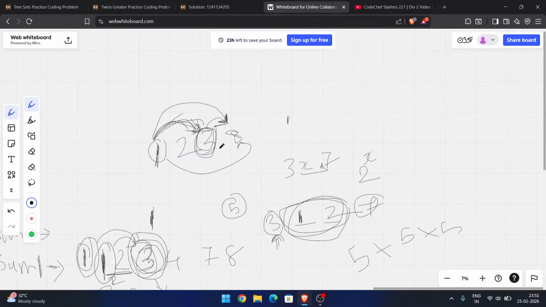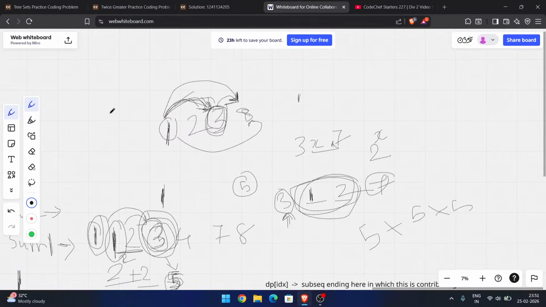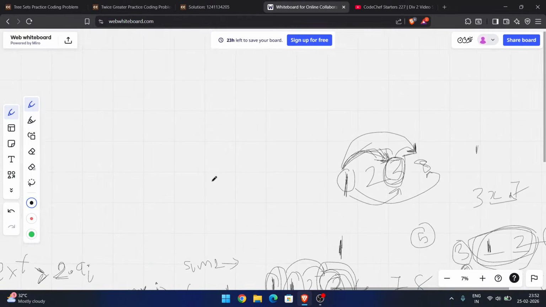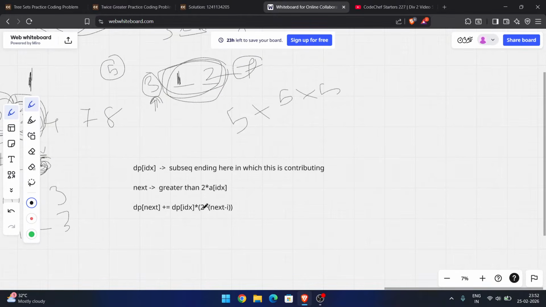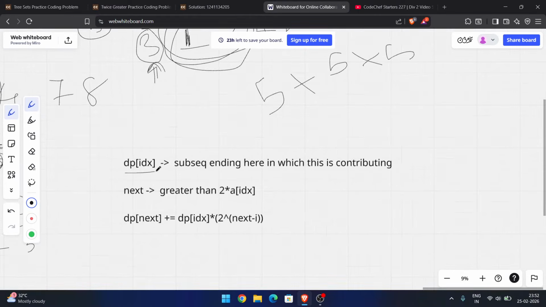So for ending at 1, if I start from this point, I add the answer to 3. At every point, I have how many subsequences this is adding towards the answer.